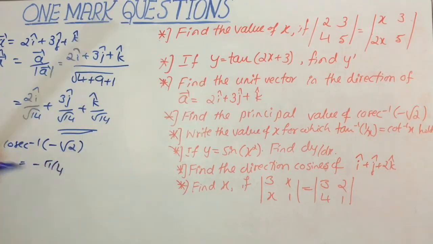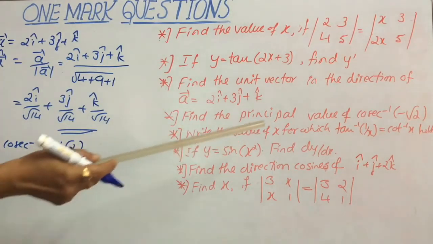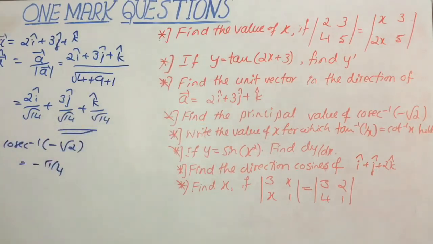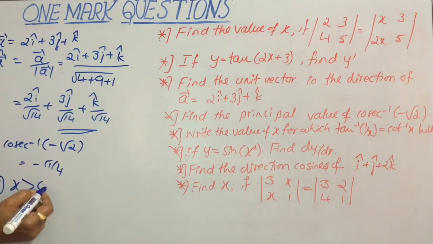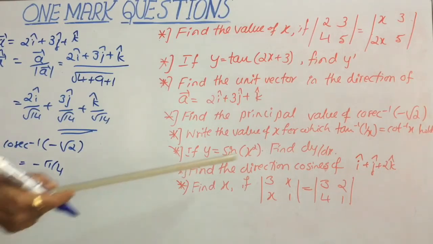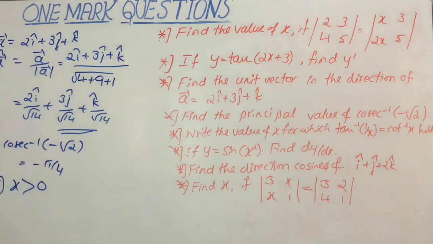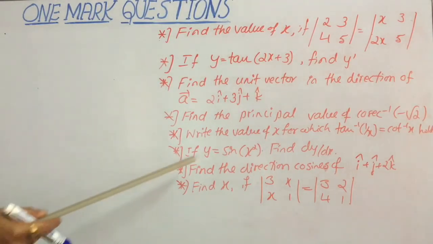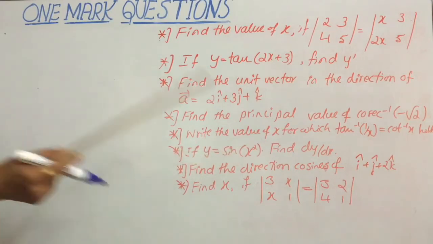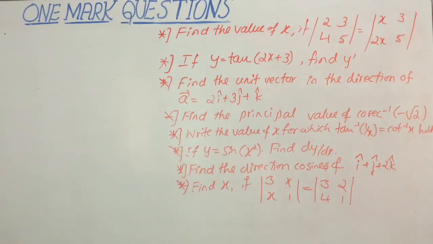Write the value of x for which tan inverse of 1 by x equals cot inverse x. The required value of x is x greater than 0, for which this condition holds good. Now move on to the next question. If y is equal to sine of x square, find dy by dx.